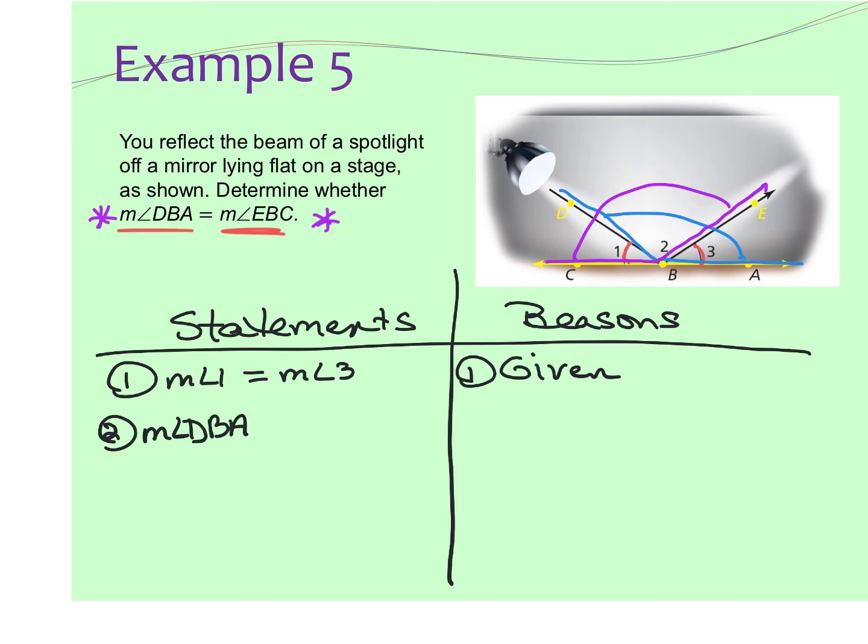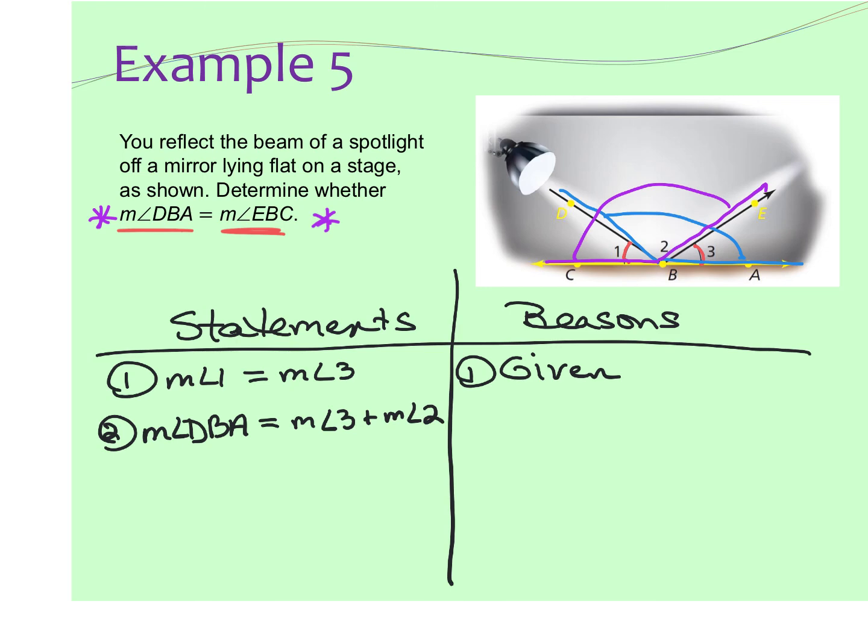So what I want to do first is get the measure of DBA, these letters, into my proof. And what I can show is that the way that angle DBA, the blue one, is created is by adding the measure of angle 2 with the measure of angle 3. So I could say the measure of angle 3 plus the measure of angle 2 equals DBA.